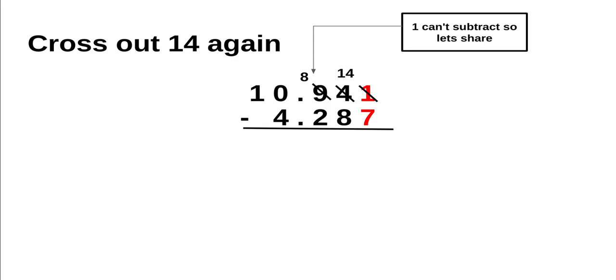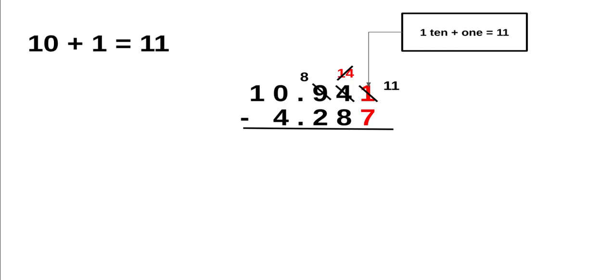We added 10 to the number and put it up here. We always add 10 to the number that we can borrow. Since 1 can't subtract, we take away from that number. We cross out 14 again. If you borrow, you must subtract 1 from the number you're borrowing. Here, we're borrowing 14, so we have to take it away and put 13. I forgot to put that there, but always do that.